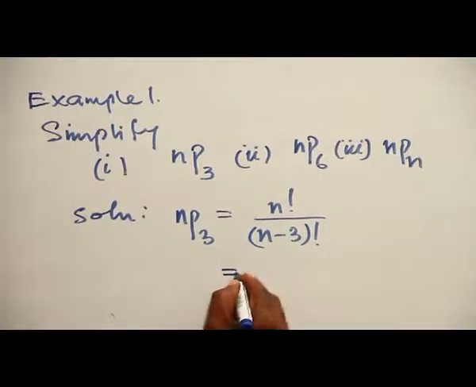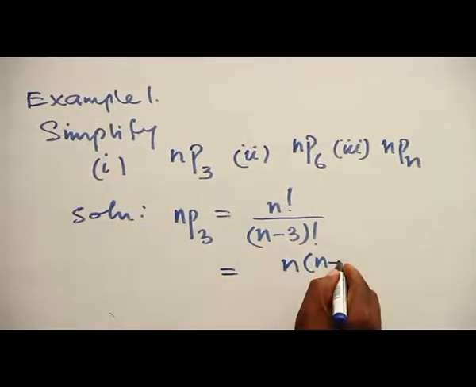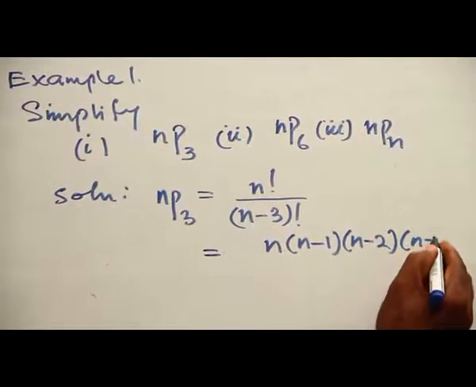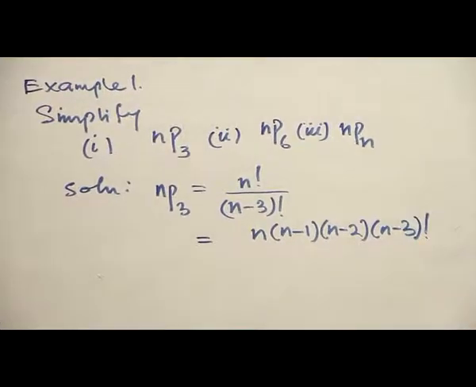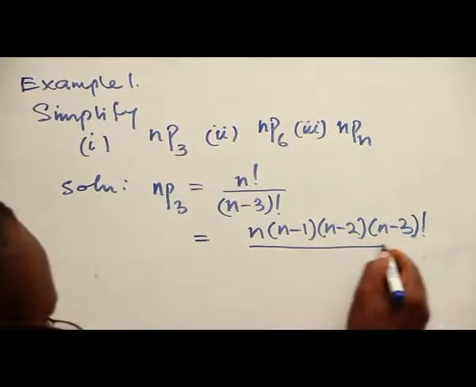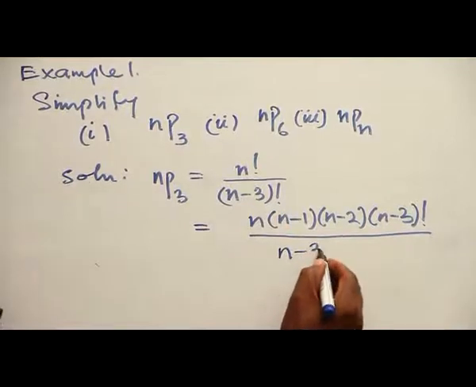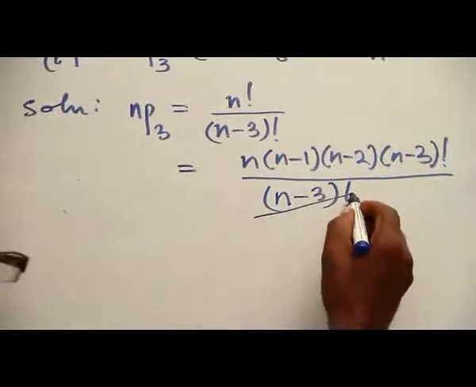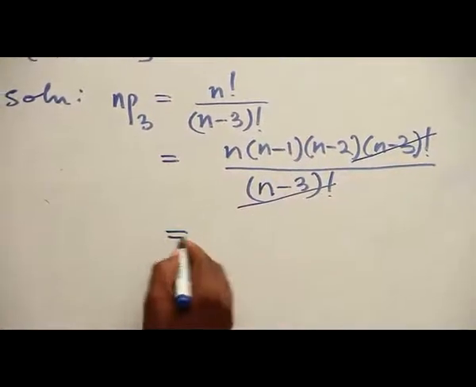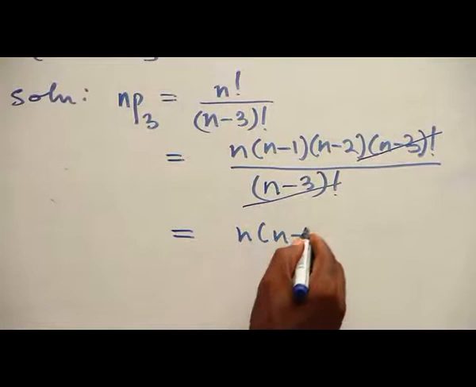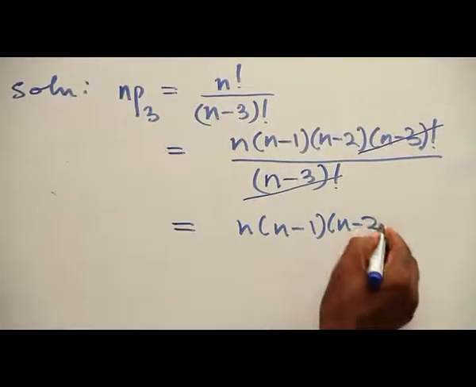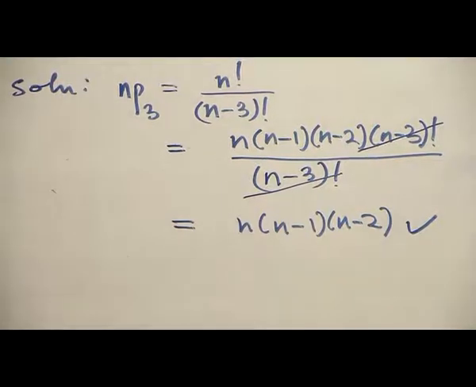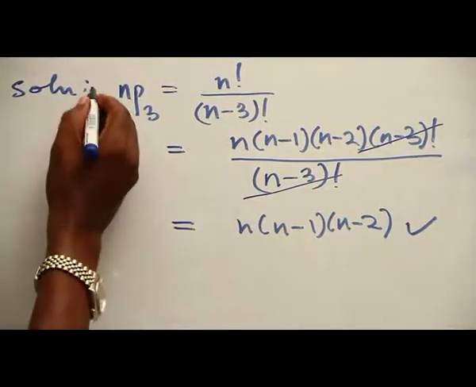Now this will be equal to n into n minus 1 into n minus 2 into n minus 3 factorial, and then of course this will be divided by your n minus 3 factorial. Eventually this and this will go, leaving you with n into n minus 1 into n minus 2. You can expand it, or you can leave it at this point. That becomes the solution to that. That was the first one.